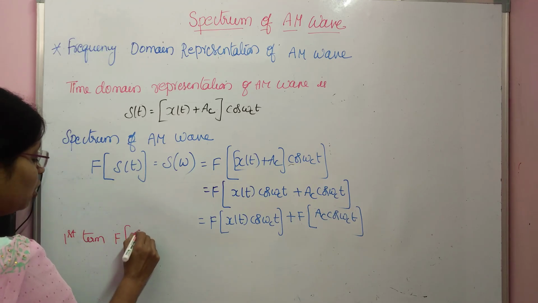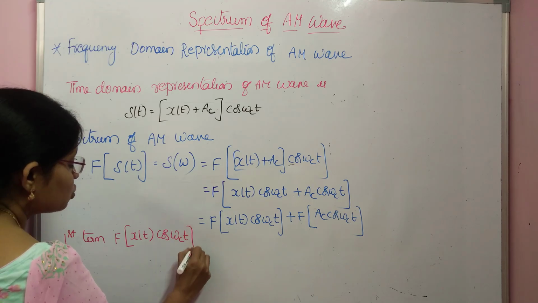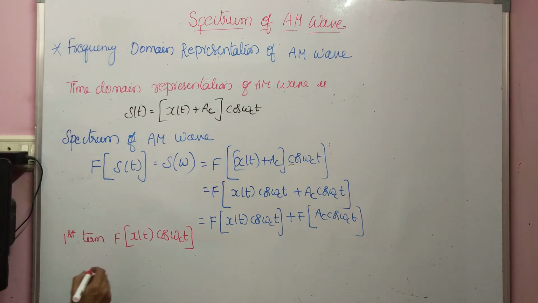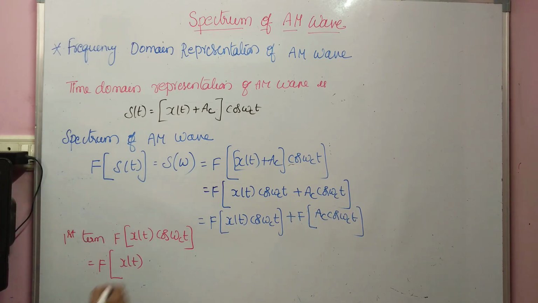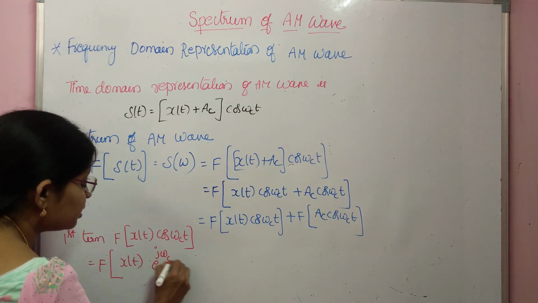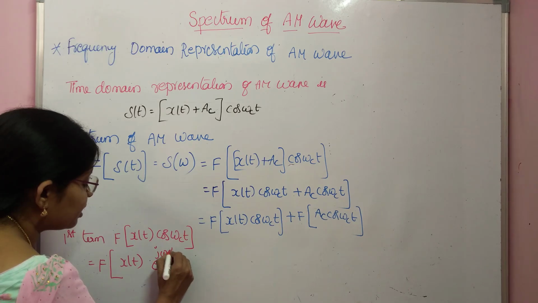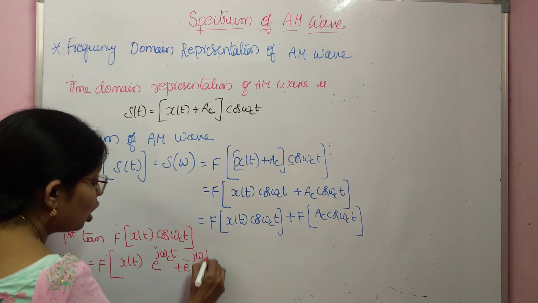Fourier transform of x(t) cos(ωc t). That is equal to the Fourier transform of x(t) times cos(ωc t), which in terms of exponentials you can write using Euler's identity.